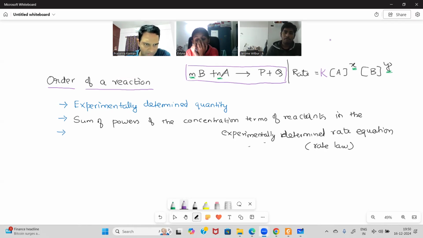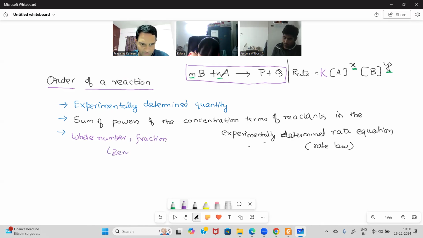So your order can be an integer, or a fraction. It can even be 0. And in very rare cases, it can also be negative. Okay, this is about order of a particular reaction.